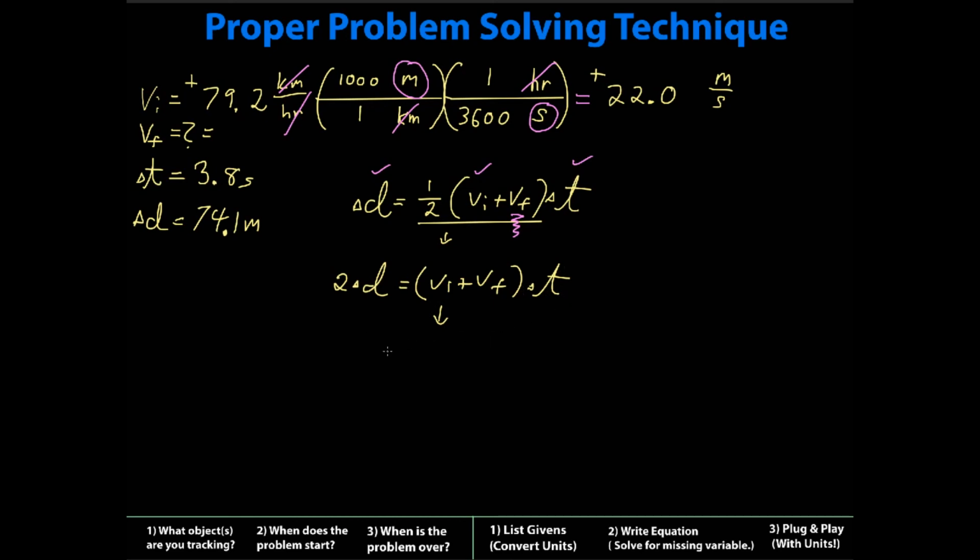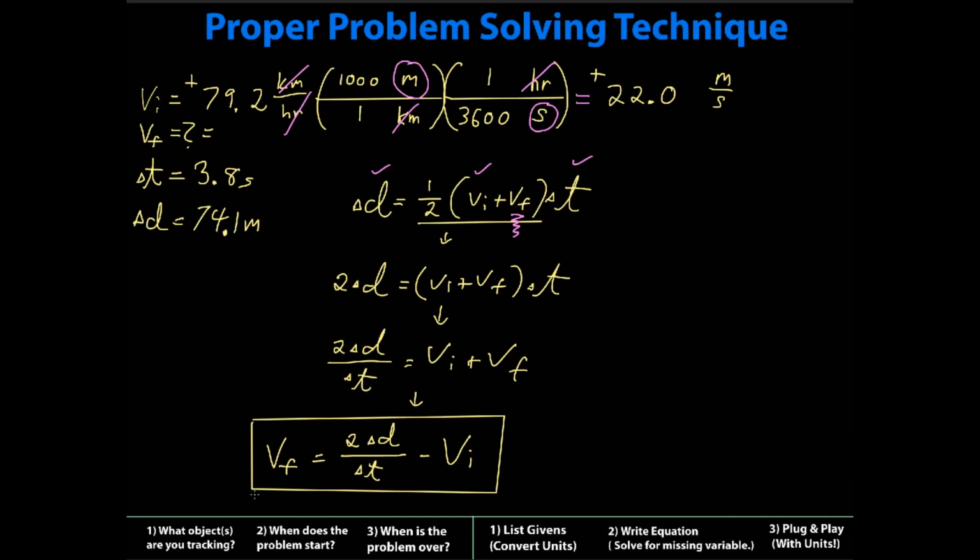So I'll divide by delta t on both sides, which will give me 2 delta d over delta t equals VI plus VF. And to get VF alone, I would have to subtract VI, which would give me 2 delta d over delta t minus VI equals VF. Although I'm going to put the equals VF on this side because we're about to work with this. So this is my rearranged equation for the variable I am looking for.